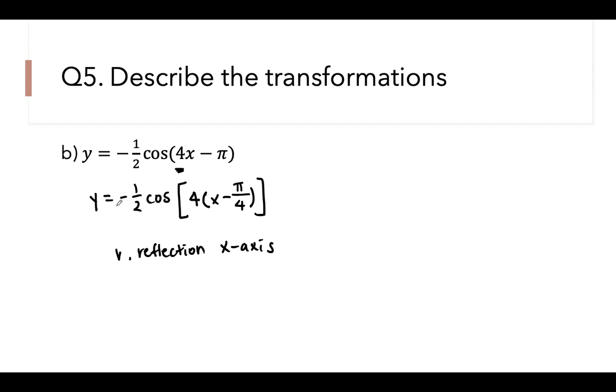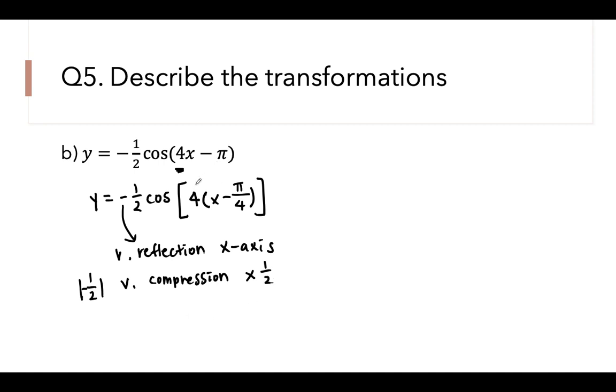We don't look at the negative because the negative signifies it's a reflection. So you look at just the absolute value of the a, which is positive. So it's a vertical compression because it's smaller than 1 by factor of 1 over 2.